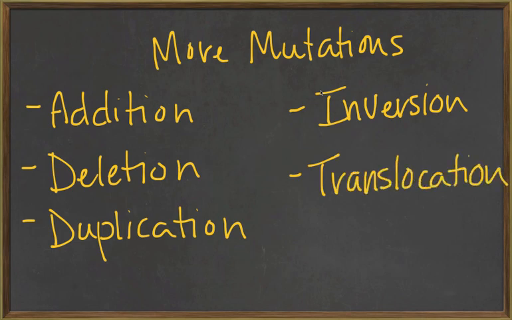All of these are options. So along with non-disjunction, which is the most common, I can also have addition mutations, deletion mutations, duplication mutations, inversion mutations, and translocation mutations. Try to come up with your own definitions, and we'll see how good you are when you get to class. And then that is where I will start when I see you.